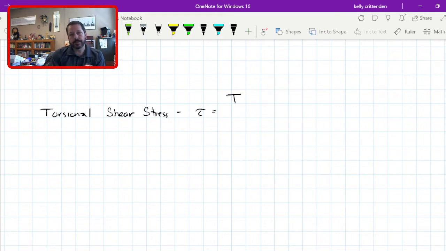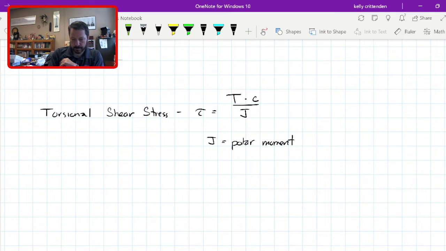Remember this equation, T times C over J, is not necessarily specific to a circular shaft, but whenever you put a certain value in for J, in particular, we were using J as the polar moment of inertia. And we used pi over 2 times c to the fourth minus b to the fourth.